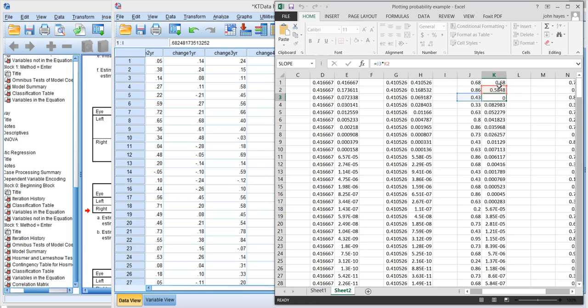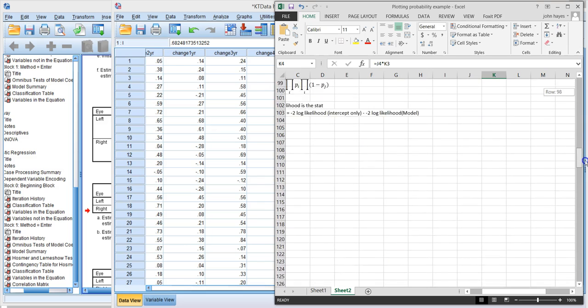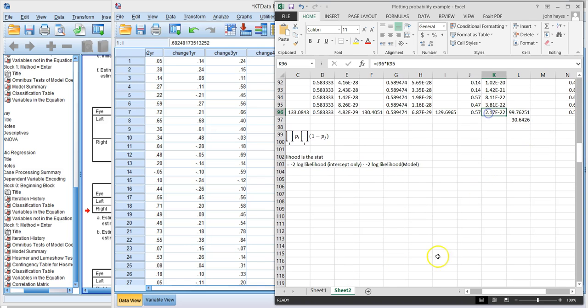This column is our running total, and we get down here to a really, really small number, 2.17 e to the minus 22. That's a 2 with 21 zeros in front of it. It's a really tiny number.